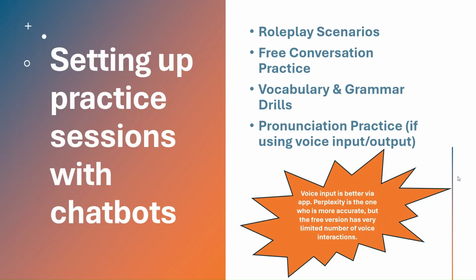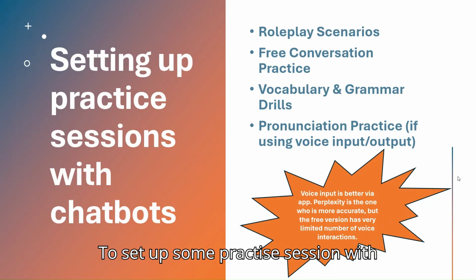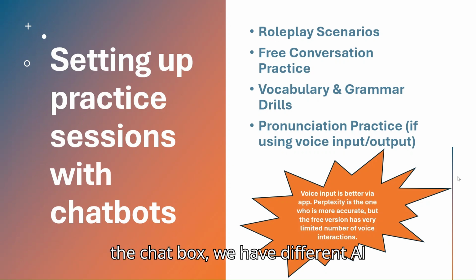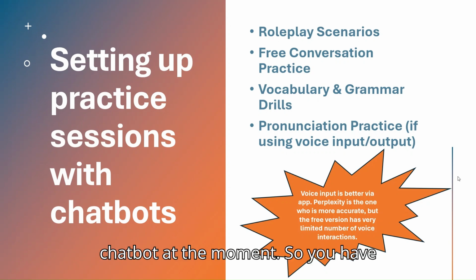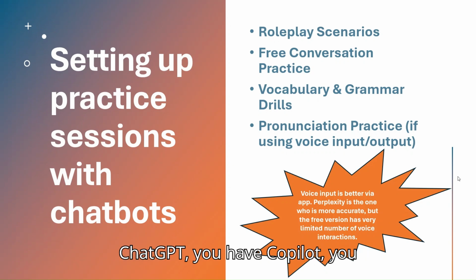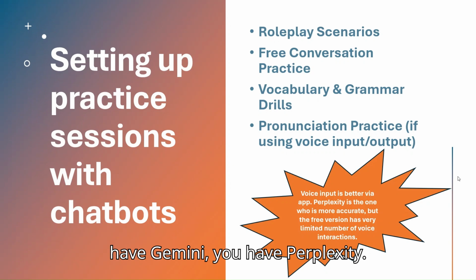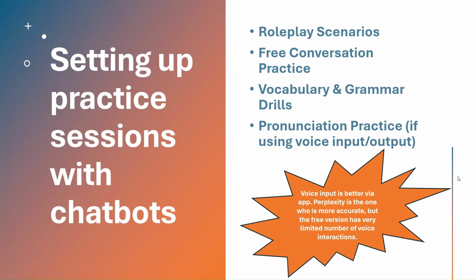Now, to set up some practice sessions with chatbots, we have different AI chatbots at the moment. You have ChatGPT, you have Copilot, you have Gemini, you have Perplexity, you have DeepSeek.